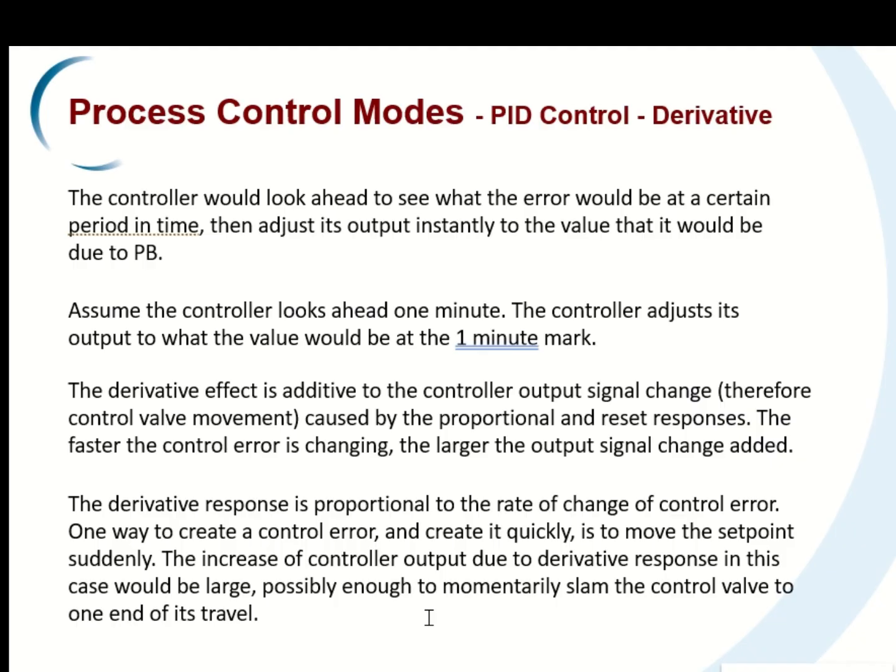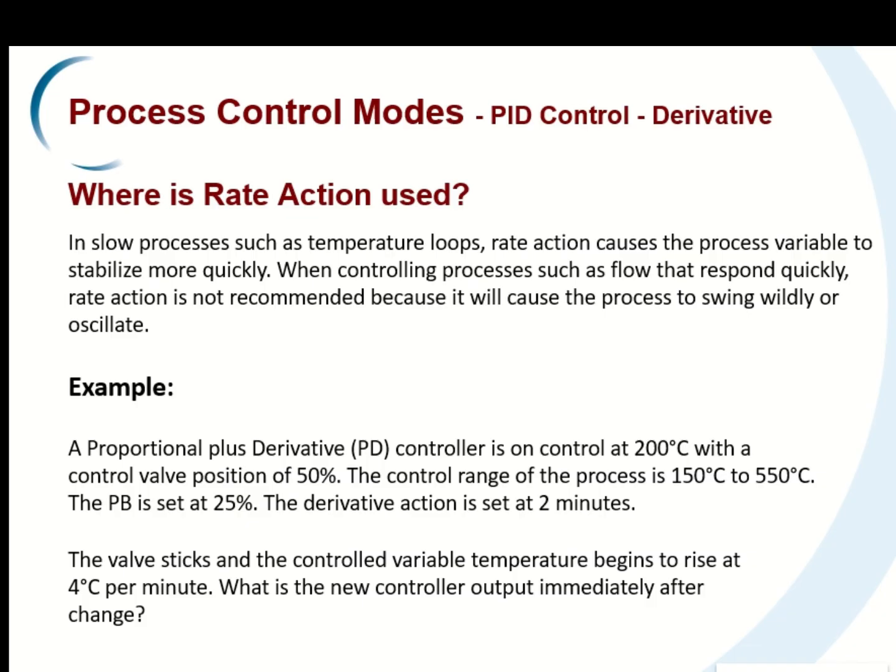In this case, it would be large, possibly enough to momentarily slam the control valve to one end of its travel. So basically, it is just saying what the change in the error with time is. Accordingly, the derivative function will act accordingly.